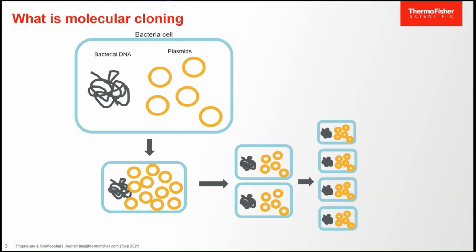So, using this property of the bacteria, molecular biologists have the gene of interest, and then they have the plasmid, and we will put the gene of interest into the plasmid to make what we call recombinant DNA. After that, we'll insert this recombinant DNA into the bacteria in a process called transformation. And over the time, we will get many copies of the gene of interest. So this is molecular cloning in a nutshell.